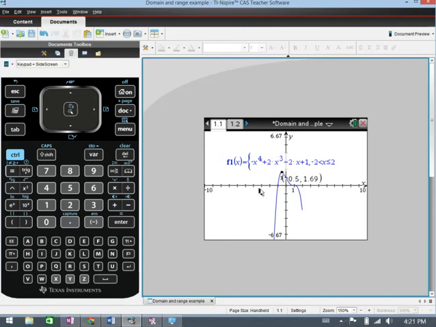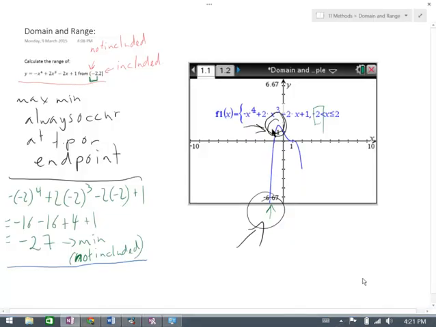And our calculator is telling us that this point here, negative 0.5, 1.69, is the maximum value of that turning point. So our maximum value is 1.69, and that occurs at this turning point up here.